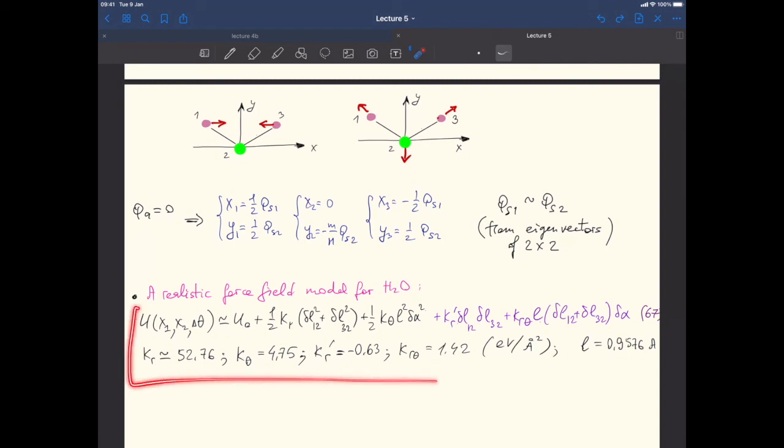So here I show you a model for the water molecule, which was obtained based on experimental data, I believe. But similarly, you can find all the elastic constants in this model by using ab initio calculations on the water molecule, and just stretching atoms a little bit, moving them around a little bit, and fitting the constants to the change of the total energy.